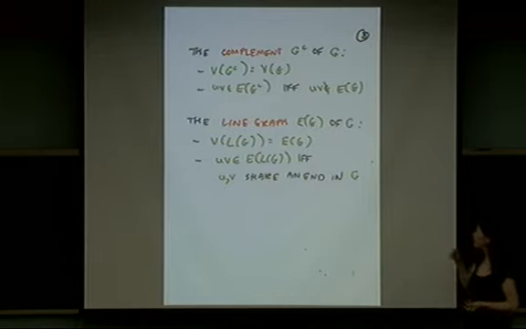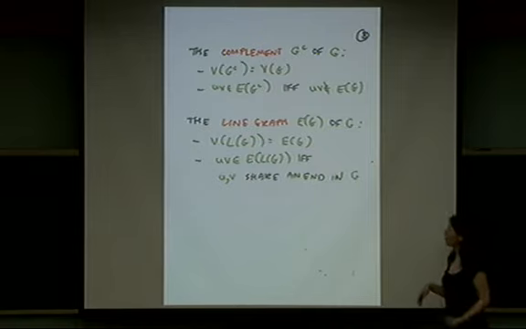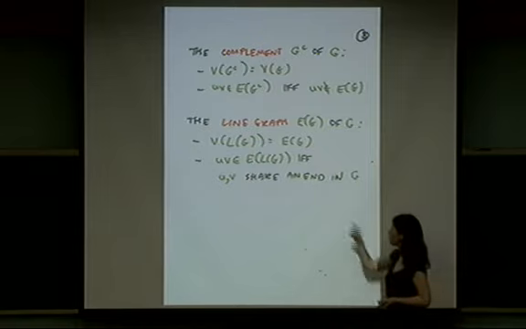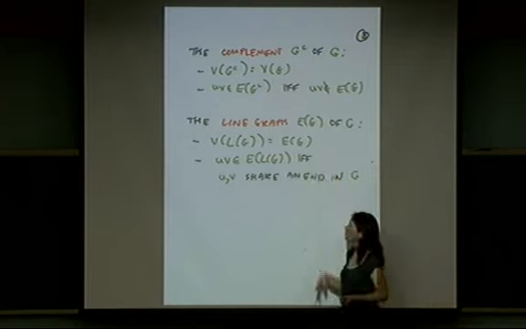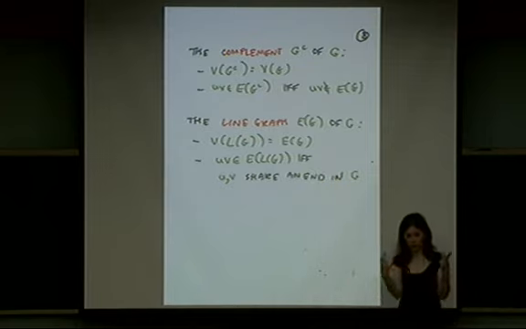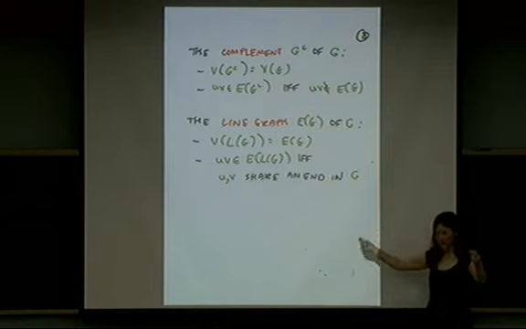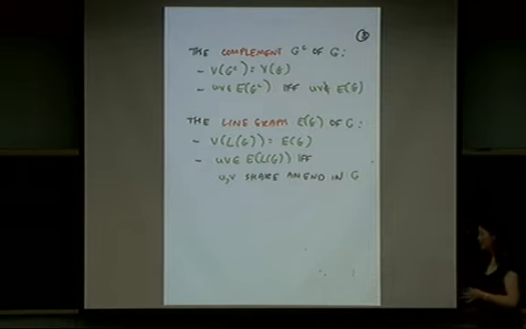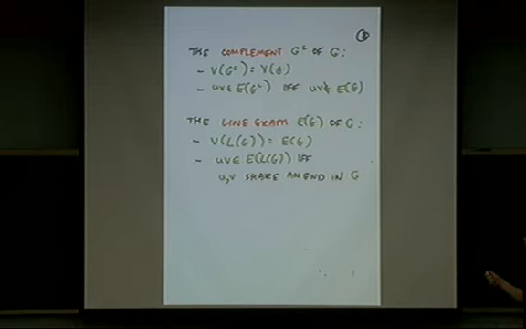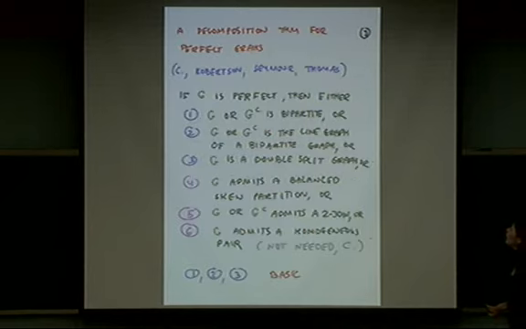So I start with G, and then I make a new graph called L of G. The vertices of L of G are the edges of G, and two vertices of L of G are adjacent if and only if the corresponding edges share an end. Right? So I say these two edges are adjacent if they share an end in the graph I started with. All right, so now you believe that.